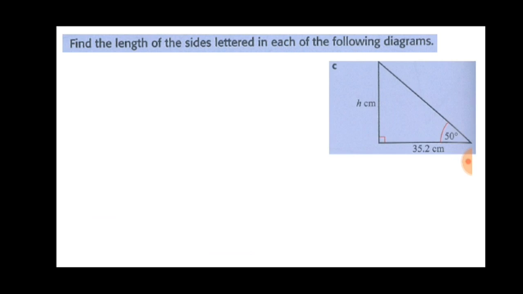In this question, we need to find length of H. So opposite of 50 degrees is H centimeters. Adjacent side of 50 degrees is 35.2 centimeters. We can use tan ratio.